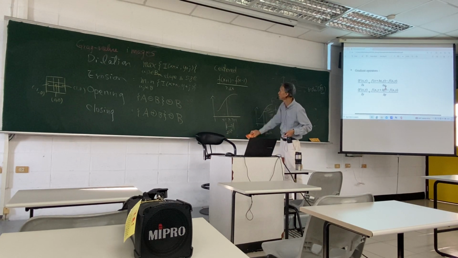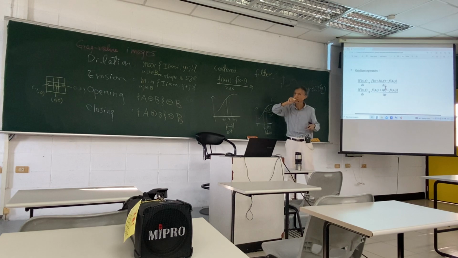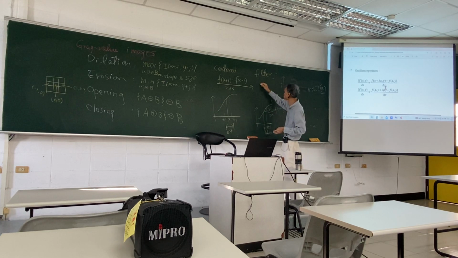Now, if we take this as a filter, 把它当成滤波器来看. Because we just think of one-dimensional for now, we can extend it to two-dimensional. What should the filter look like? If this is x, this is x minus 1, and this is x plus 1.